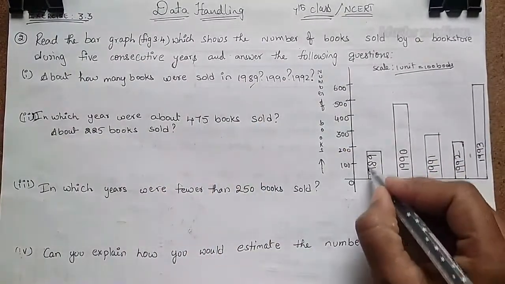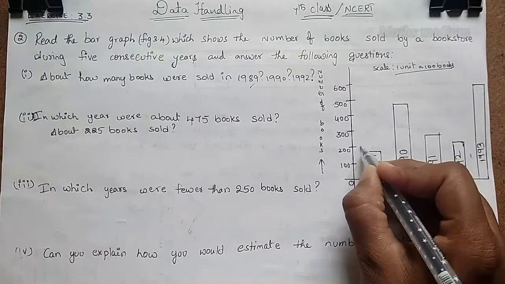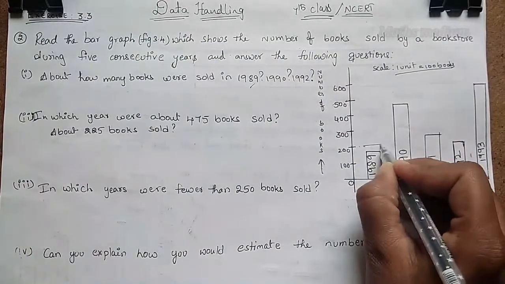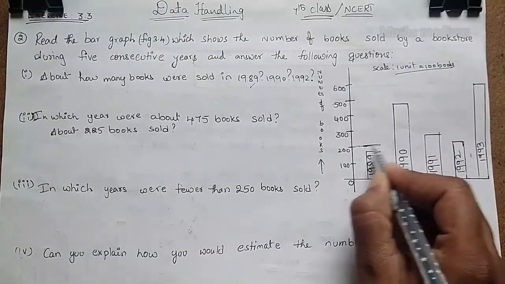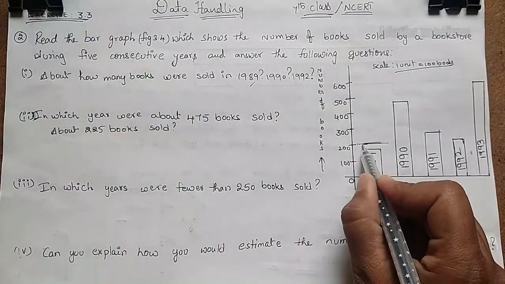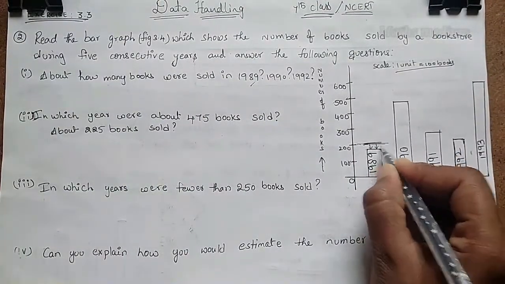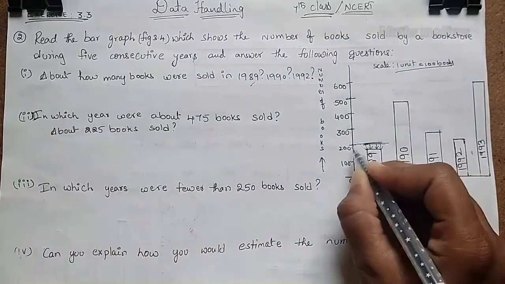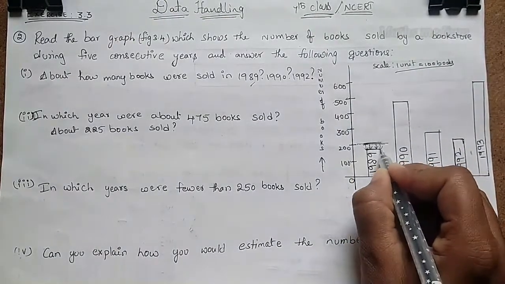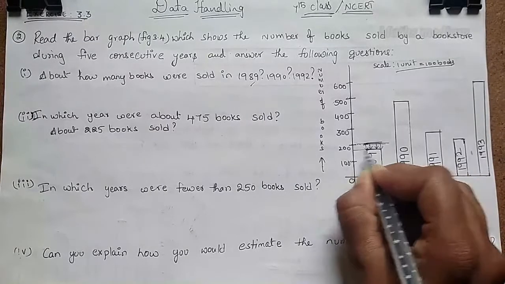First, 1989 is this bar, and the 200 line mark is here. The bar is just below the 200 line, so there is a gap between 200 and the books sold mark. We have to assume like this.